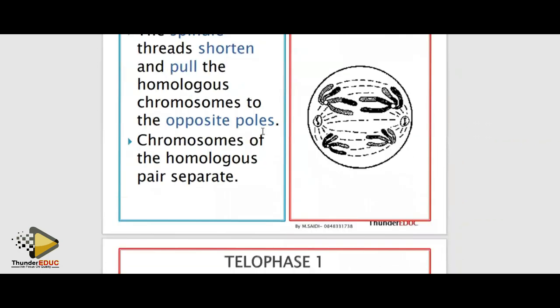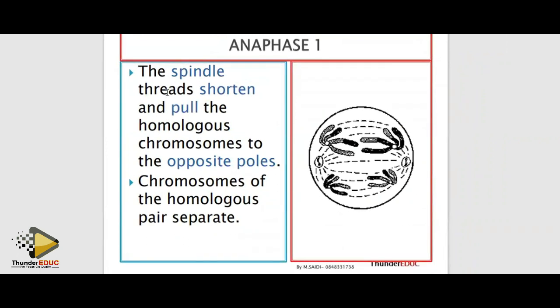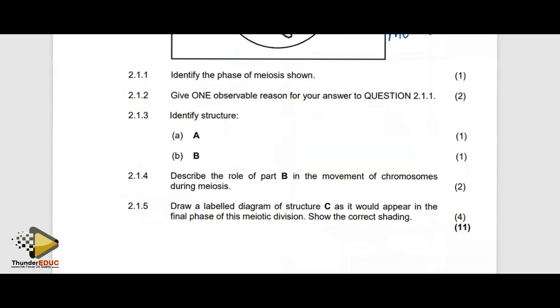We get this during anaphase. Spindle fibers shorten and pull the homologous chromosomes to opposite poles. That's where we get that answer from. Spindle fibers or threads are the ones which hold these chromosomes. So the book is answering that question very well.